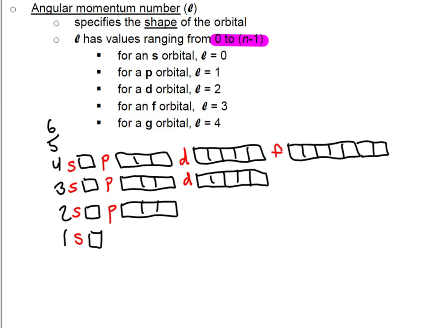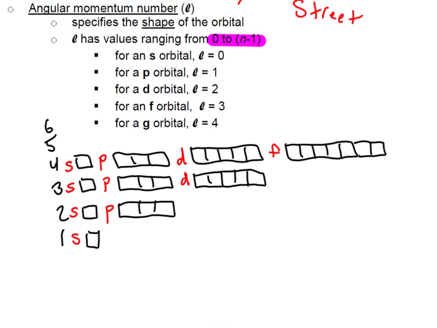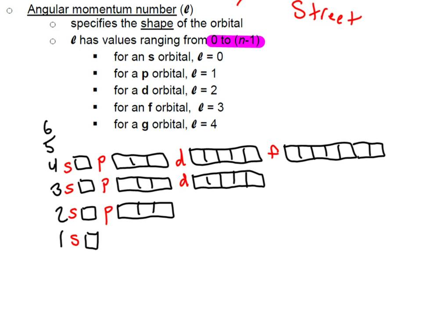Our second address number, you could think about it, is going to be referring to essentially the street. The street of the electron.